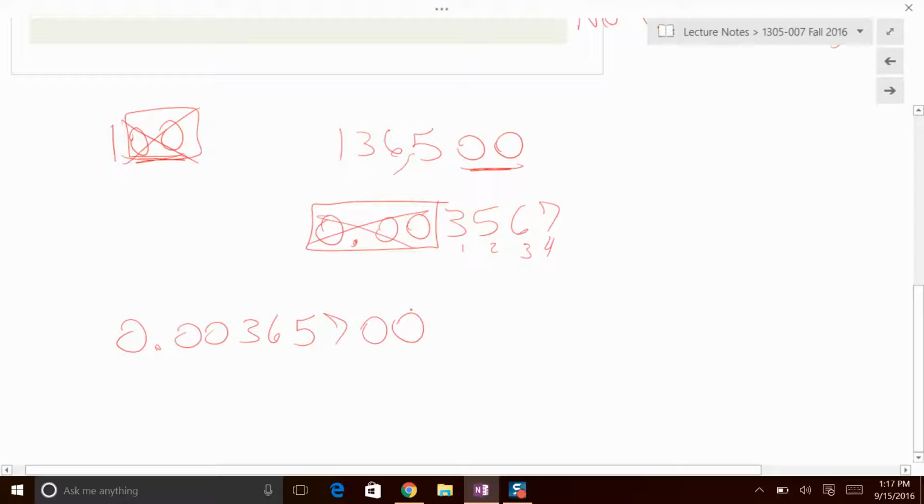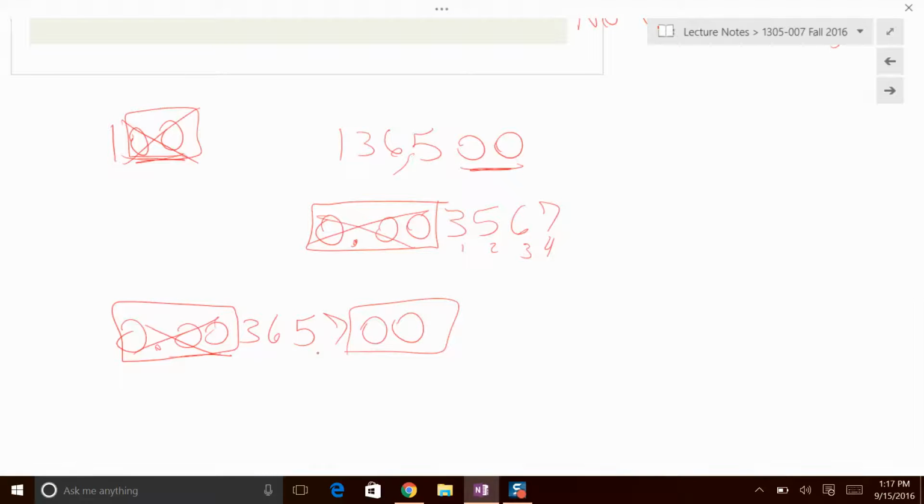How many significant digits are in this number? Okay, so are these zeros significant? No. Are these zeros significant? Yes, because if I remove them, do they change the value? No, they don't.